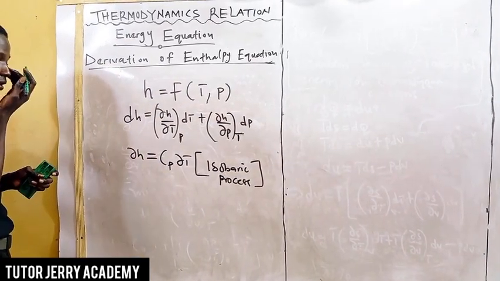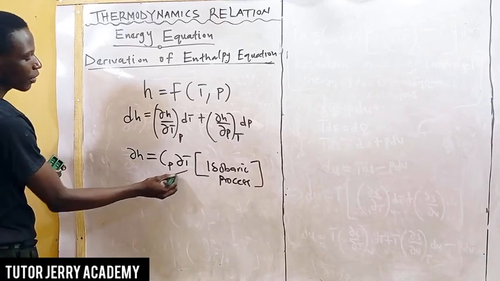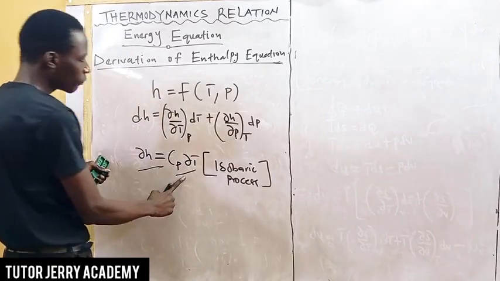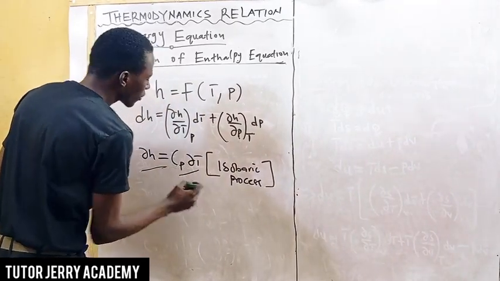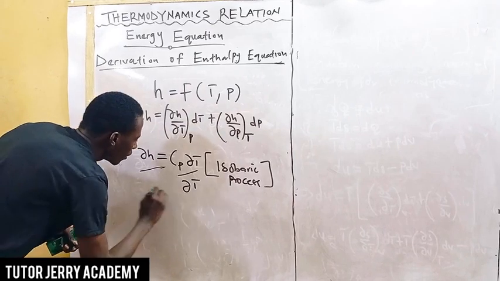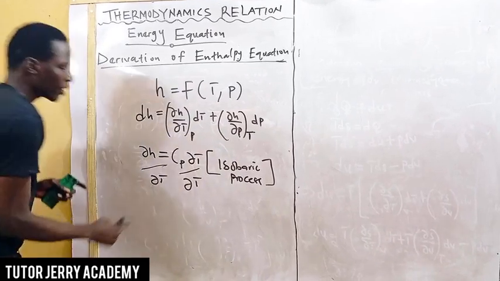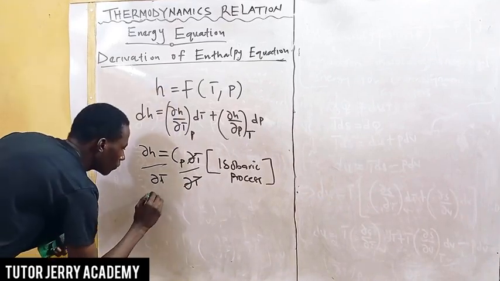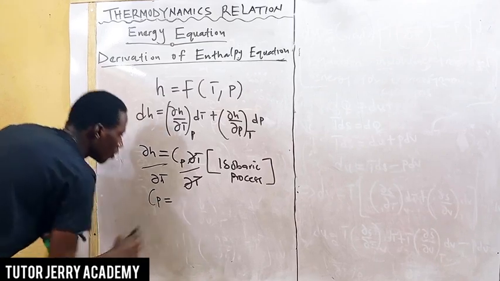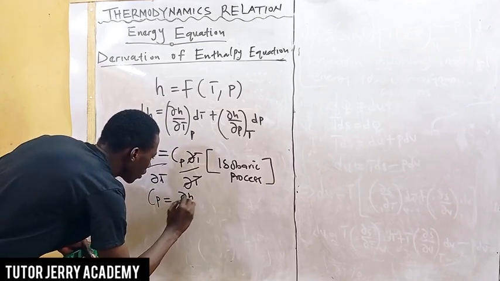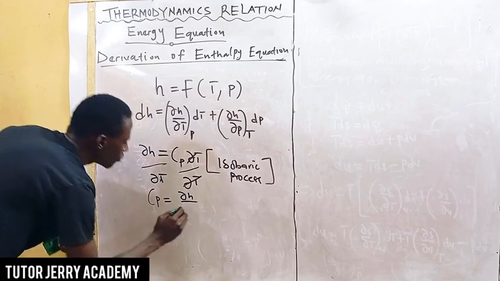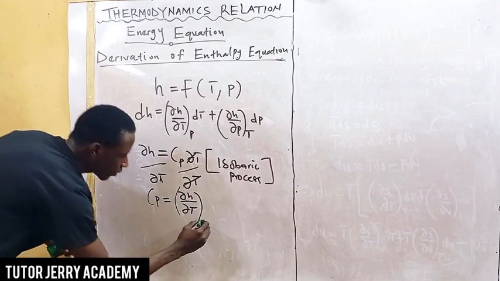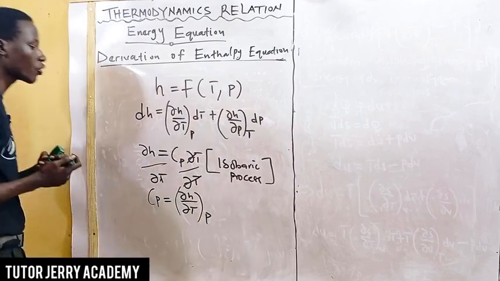So we are going to make Cp the subject of this relation by dividing both sides by dT. Cp will be equal to the partial derivative of H over the partial derivative of T, keeping P constant. So this is what we have.